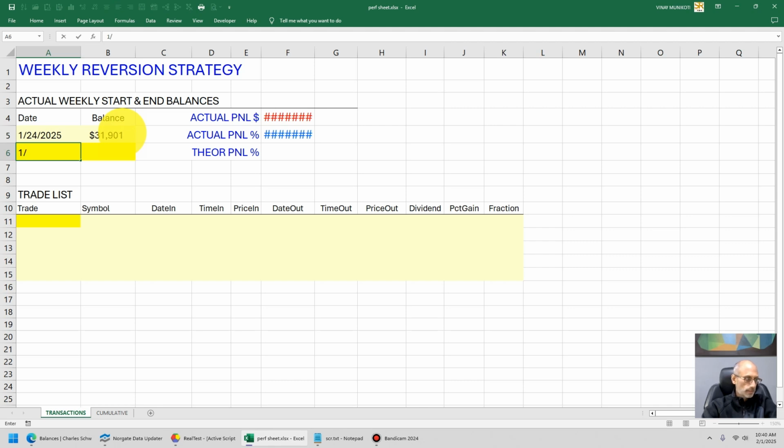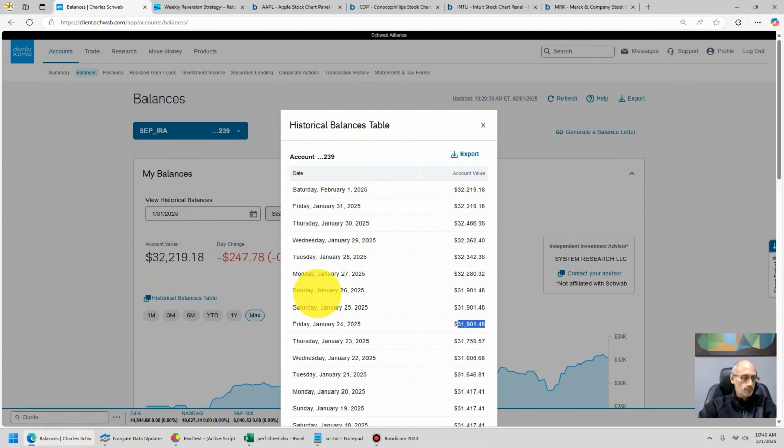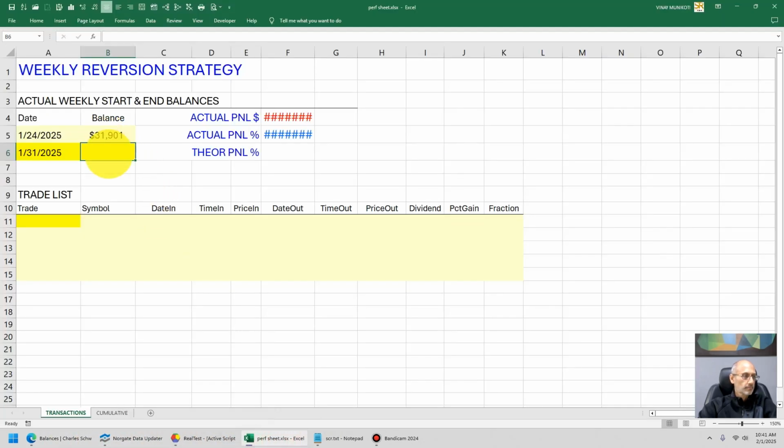And the ending date was Jan 31st. Balance on that day was 32,219. So I made $318 last week, which is a gain of 1%.